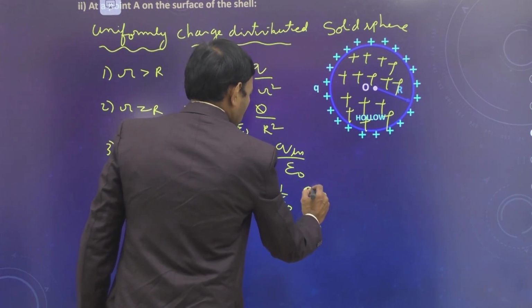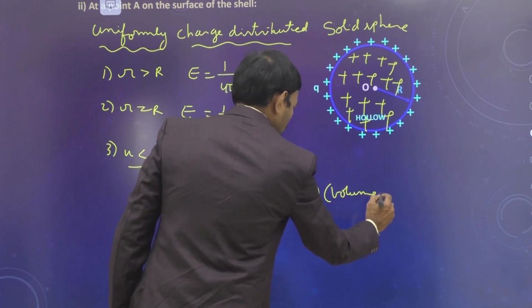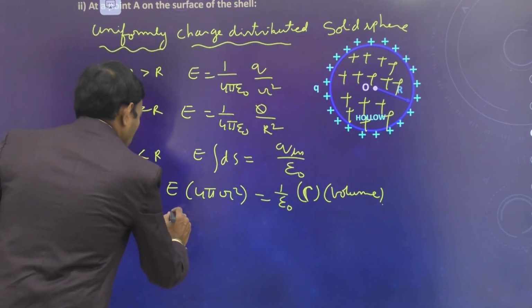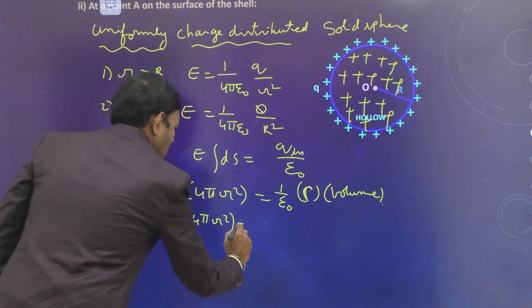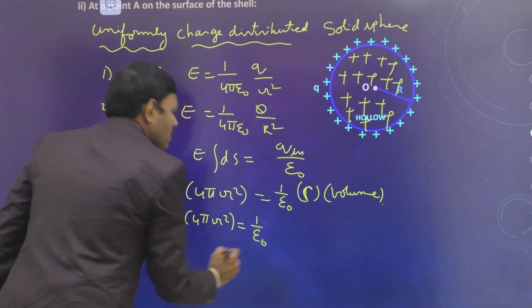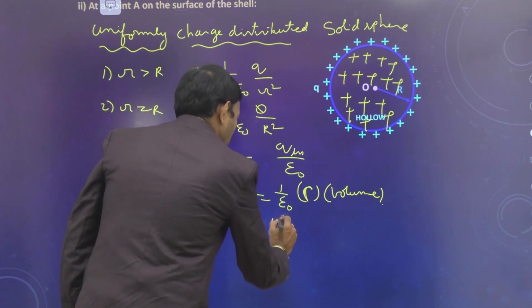So charge density into volume of the Gaussian surface. Charge density into volume equals charge. So E into 4 pi small r square is equal to 1 by epsilon naught into rho. Rho means charge per unit volume.